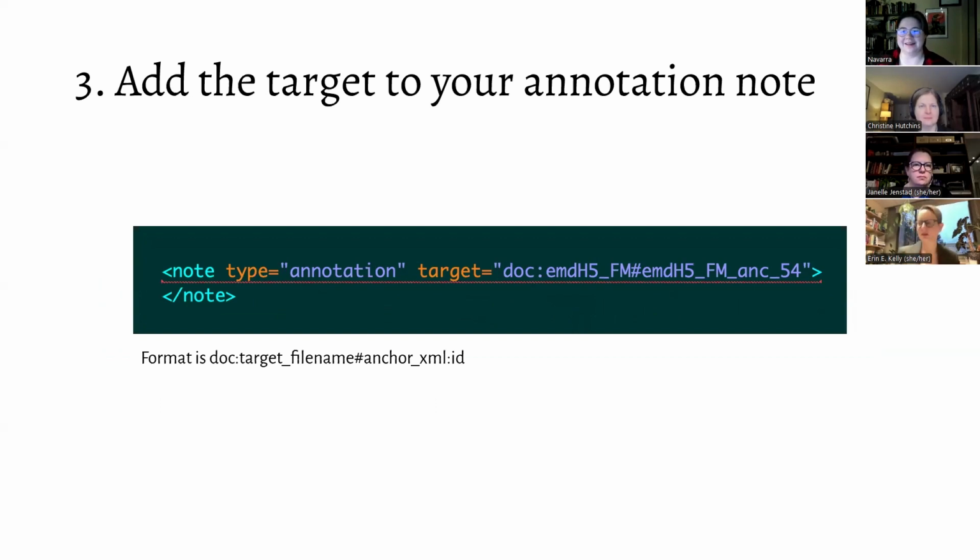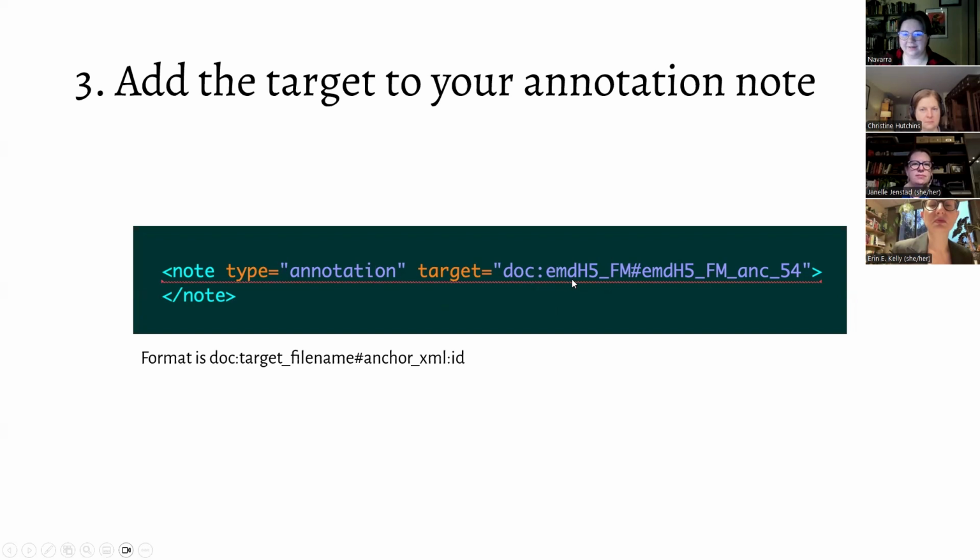Once you've added those anchors, you're going to add the target to your annotation note. So here we've got our target attribute, and then it has a link. And again, this is kind of building on some of those past webinars that we've done. If you recall our linking webinar, you might remember that this is a pathway, and the pathway starts with doc: to say, hey, we're linking to a document inside of LEMDO.